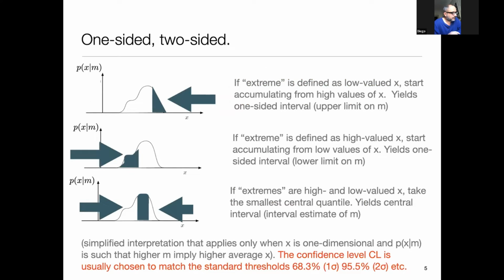So in this particular case, this is a toy example. You see here the distribution, the PDF, of some quantity x given a true value. If you want to set an upper limit on the parameter m here on the top, then extreme values are high values of x, right?